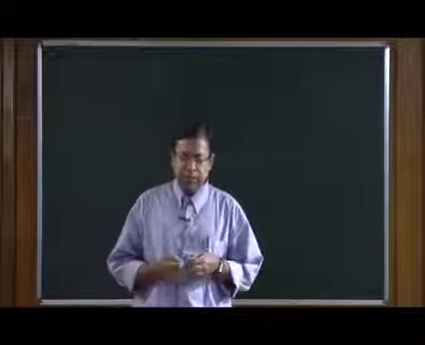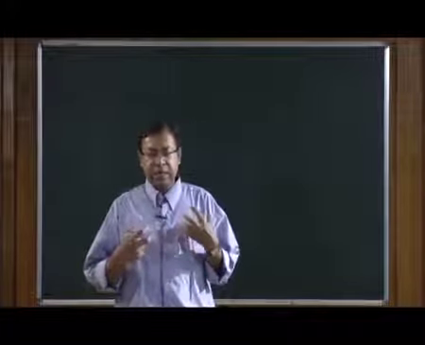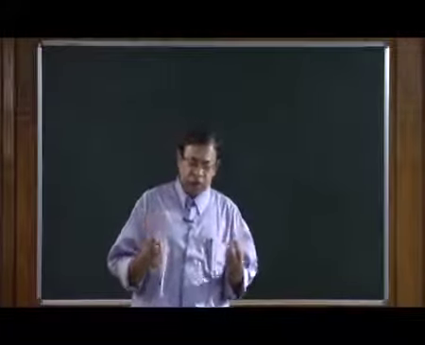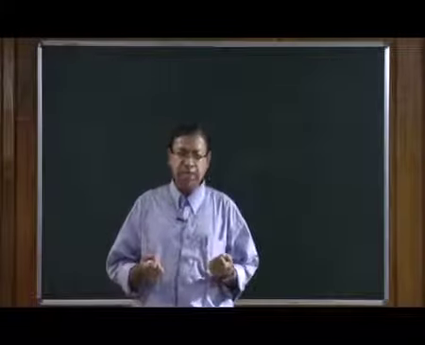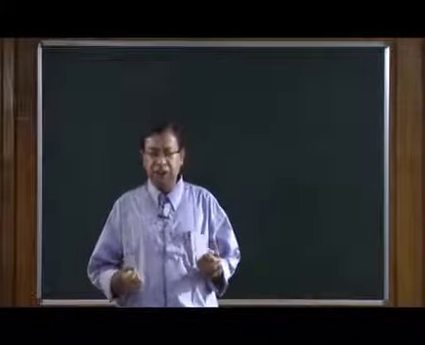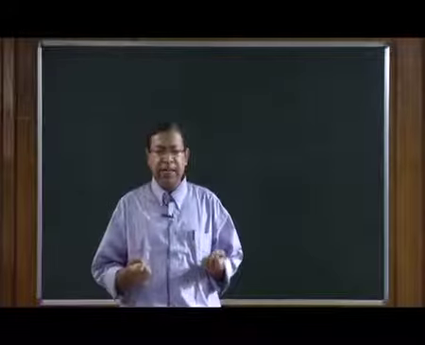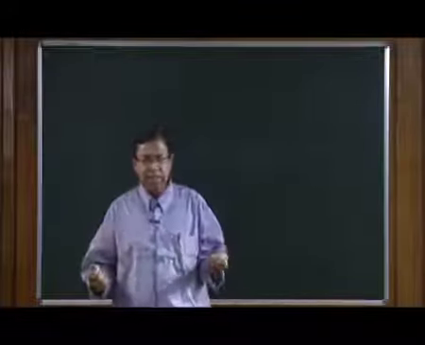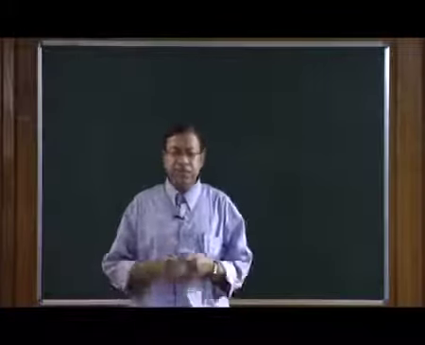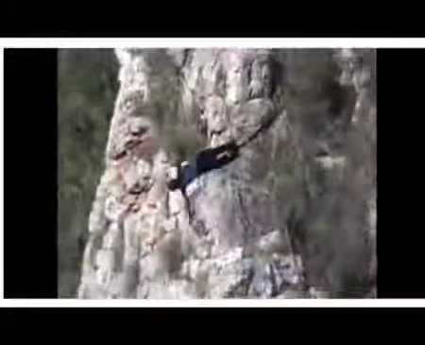As the jumper jumps from a height, the bungee cord, which is elastic, keeps getting elongated more and more till it reaches its maximum elongation, and then the diver comes to a temporary halt, and after that he swings in an oscillatory manner, and this is what makes bungee jumping so spectacular.